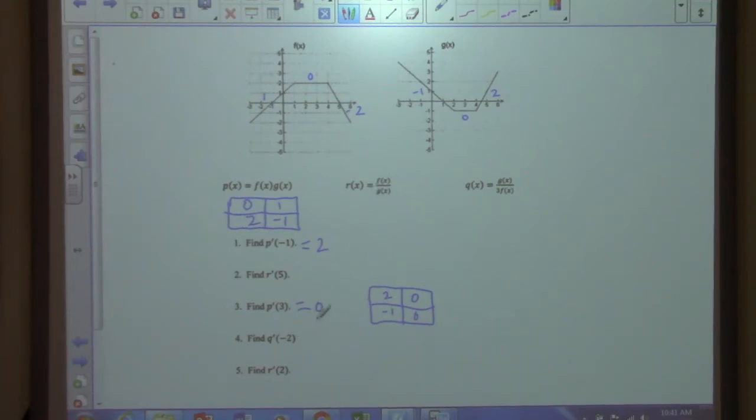And so for r of 5, we're going to have low of 5, d low of 5, high of 5, and d high of 5.